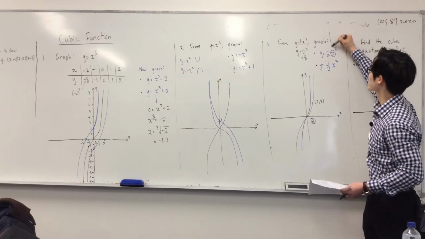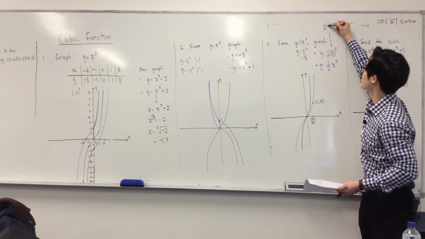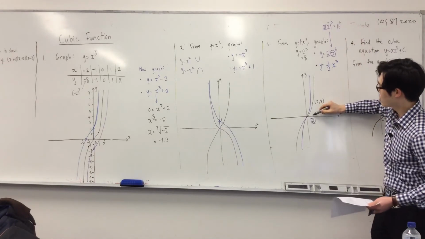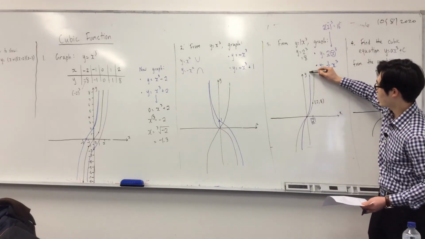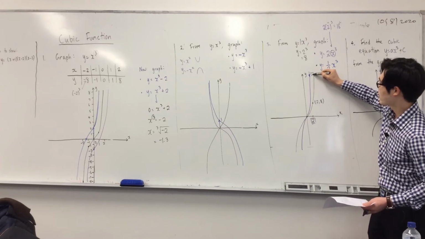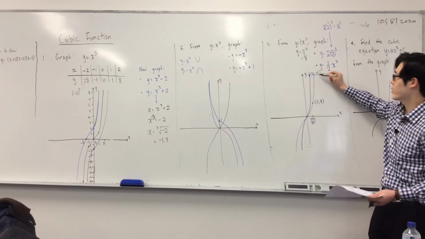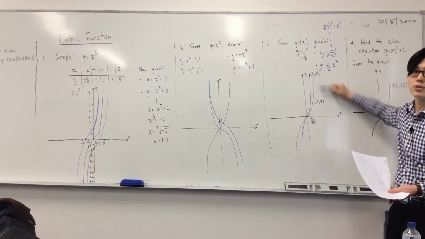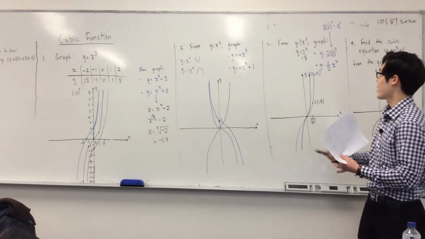So I'll do the working out here because I'm running out of space. So you got 2 times 2 cubed, and what's that? 2 times 8? 16. So what I've shown is like all the way up here. Okay, so usually use the coordinate 2 to find how narrow it's become. See how we've got 16 here, but we have 8 before? So it's doubled in value, which makes it narrower.